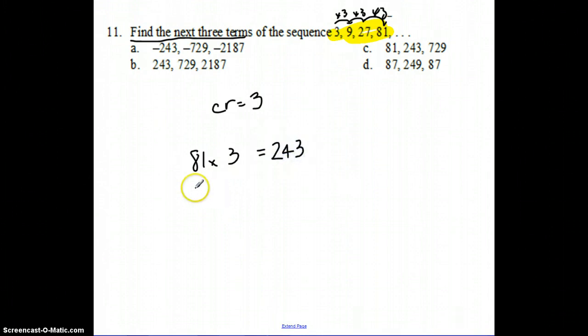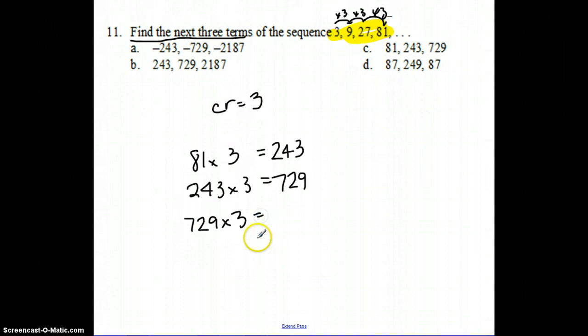Then I take that number and multiply it by 3, and I will get 729. And then 729 times 3 is 2187.